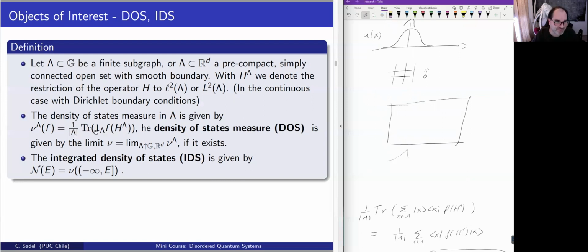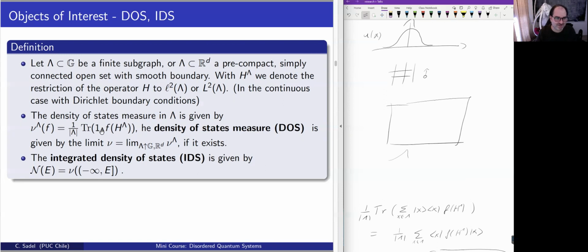And I'm sorry, if you use H_Lambda, you actually only need to take the trace of f of H_Lambda. If you take here the full operator H, then you multiply by this indicator function 1_Lambda, that you can do.